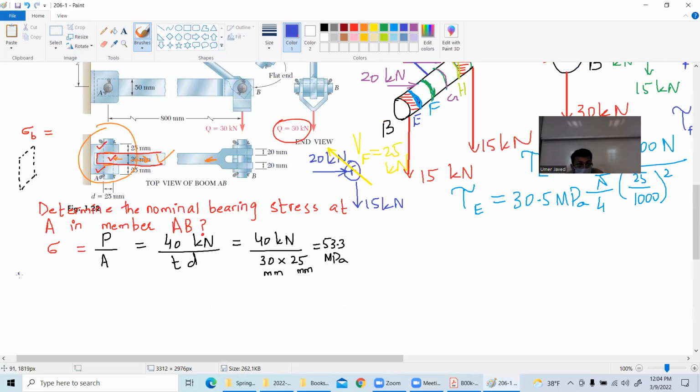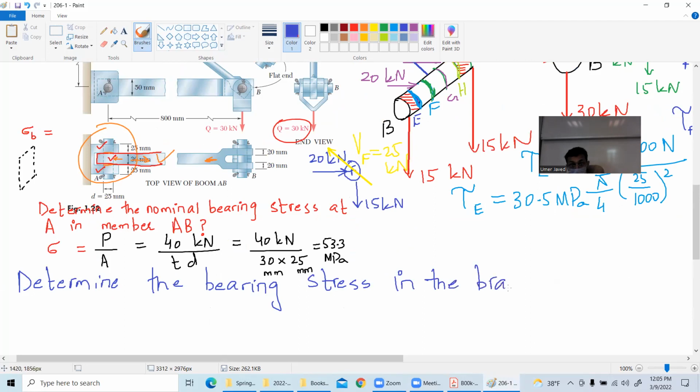So the next part is: determine the bearing stress in the bracket at A. Bearing stress in the bracket at A. Please do it.